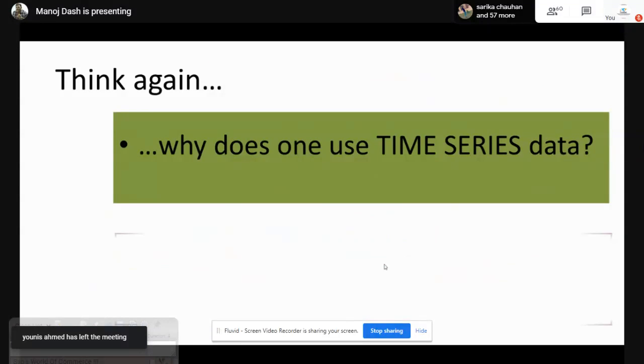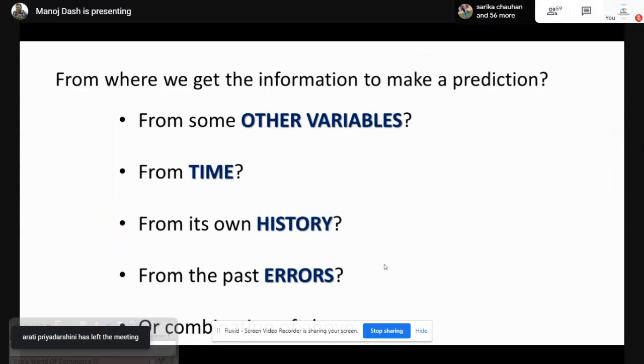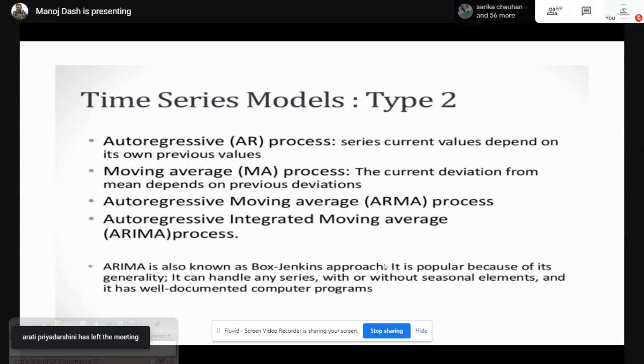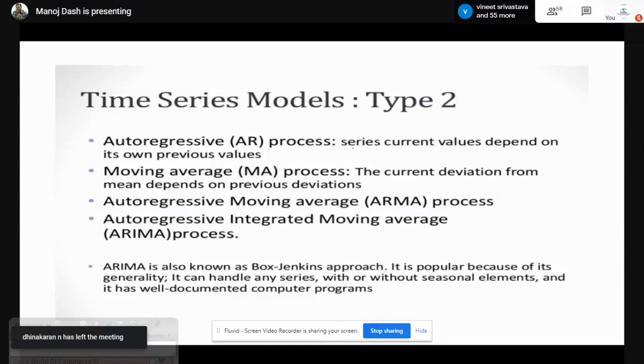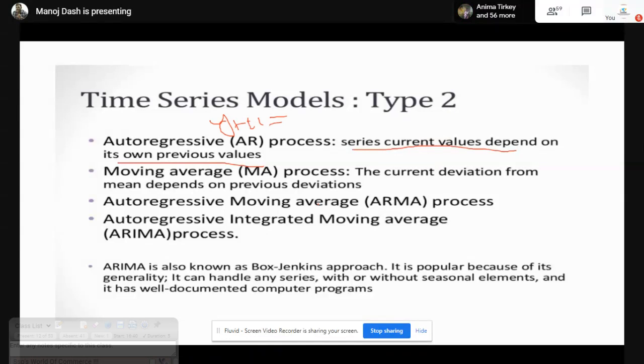Let's start. What is the auto-regressive process? Its current value depends upon its own previous value. Yt+1 depends upon its previous value, or Yt+1 depends upon its two previous values.